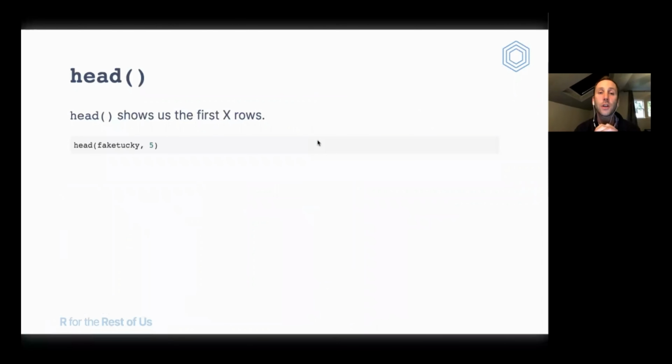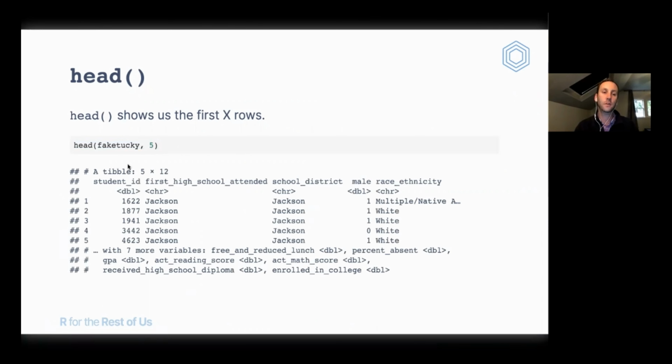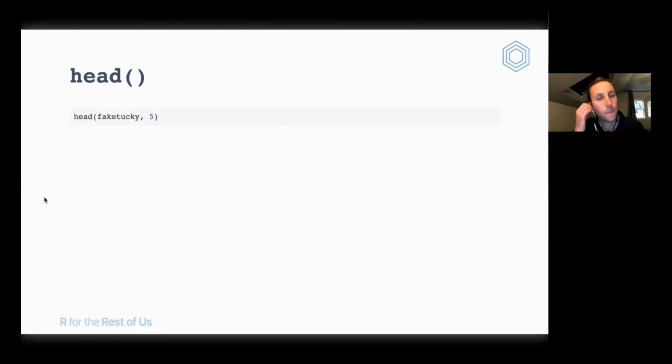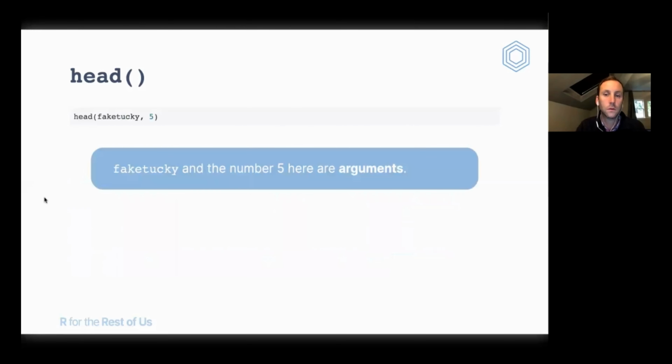If you want to just look at the first few rows, you could use the head function. So for example, if I do head(faketucky, 5), it'll show me just the first 5 rows. And here, faketucky and the number 5 are what are called arguments.